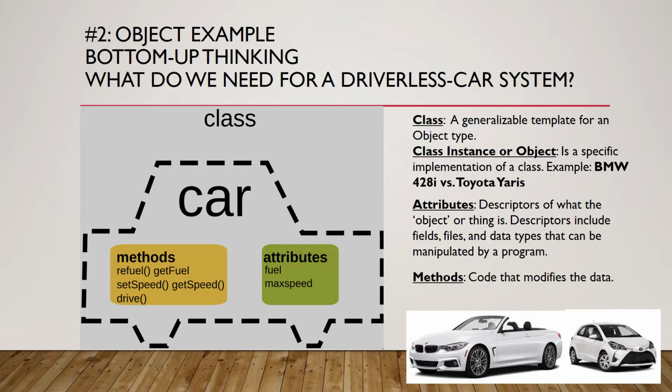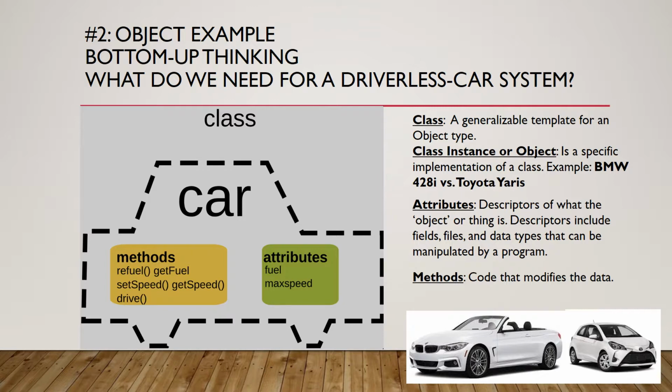For example, if the attribute of the Toyota car on the right-hand side, maybe the fuel type is gas and the maximum fuel as another attribute is about 10 gallons. We know that refuel can only fuel up to a maximum of 10 gallons.